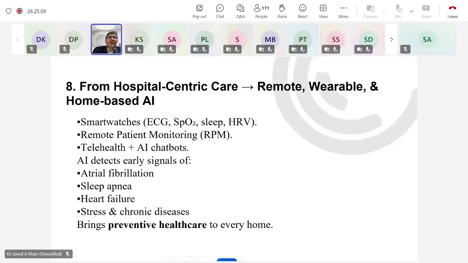And telehealth plus AI chatbots, through which we can get results. AI detects early signals of atrial fibrillation, sleep apnea, heart failure, stress and chronic disease, bringing preventive healthcare to every home. So these are the new shifts in the healthcare systems.